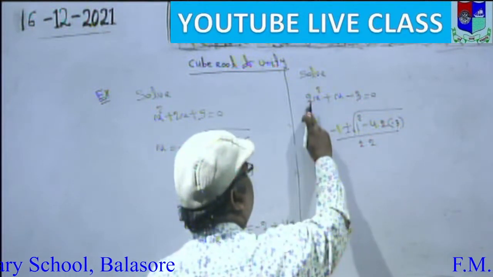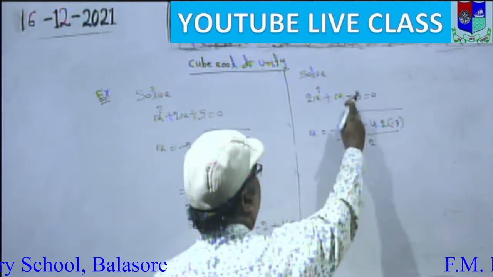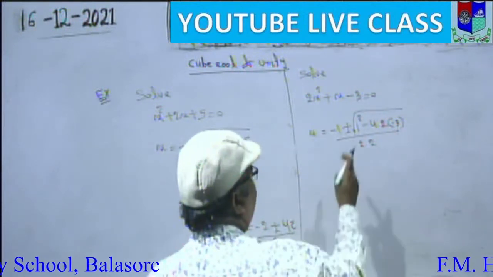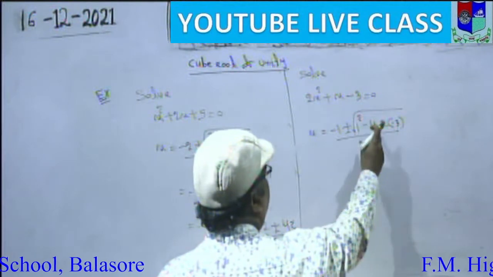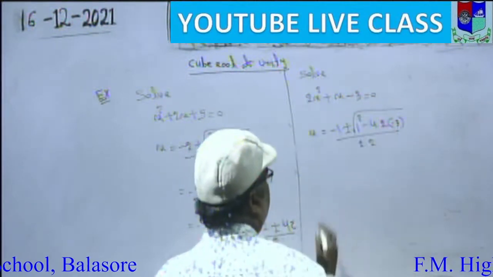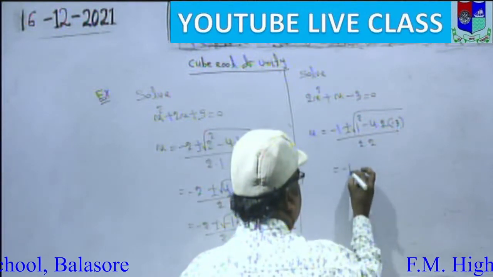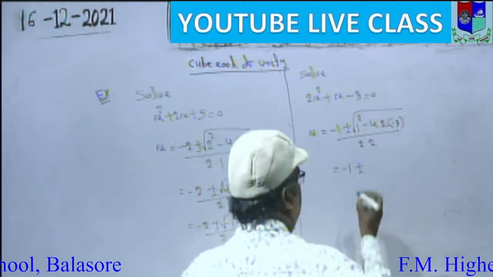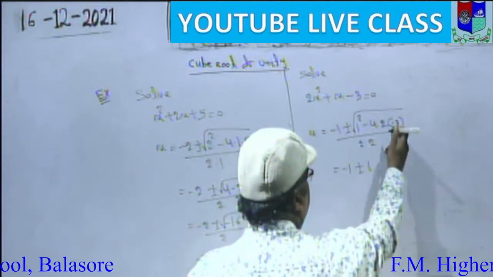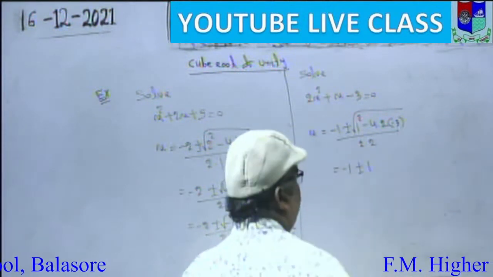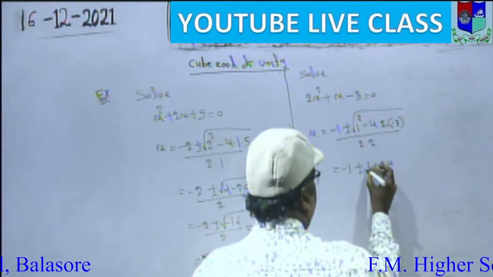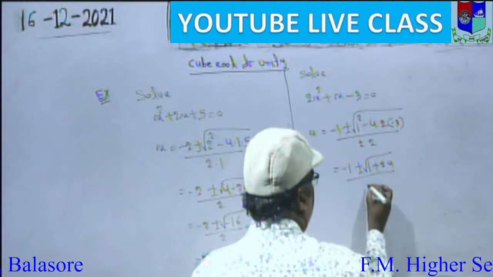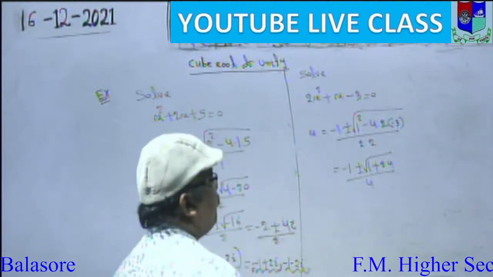The coefficient of x square is a, the coefficient of x is b, and the constant term is c. So minus b plus or minus square root of b square minus 4ac. Now we find this: it is 1 plus 4 into 2 into 3, that is 24, so 1 plus 24, square root, divided by 4.